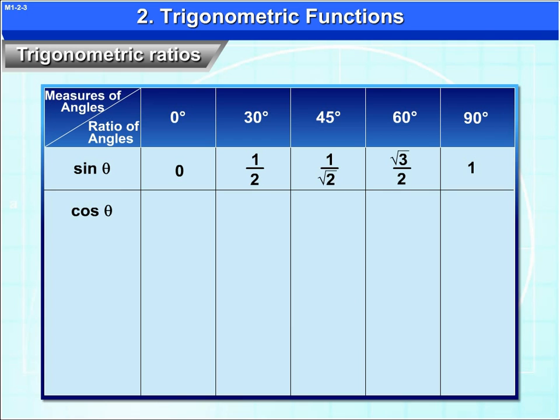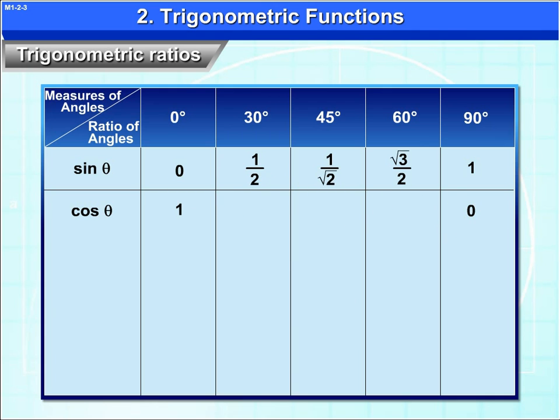Now, for cos, let us start cross matching. That means, the value we have in sine 90 degrees, we shall write over here for cos 0 degrees. Similarly, the value of sine 0 degrees, we shall write for cos 90 degrees.